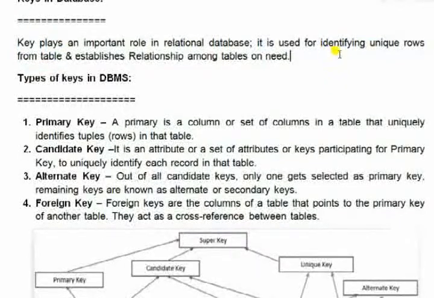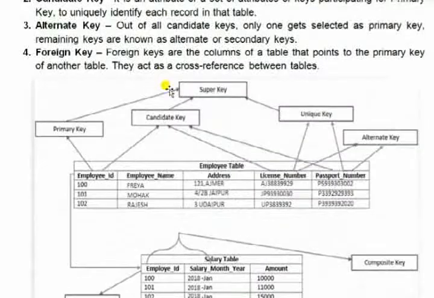Because of its unique value, each row can be identified by this field. So any such field which has unique values and no repeated value is called a key field.